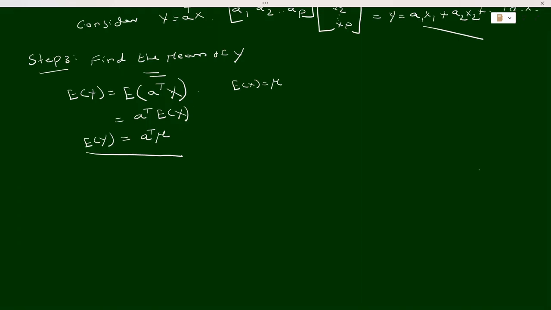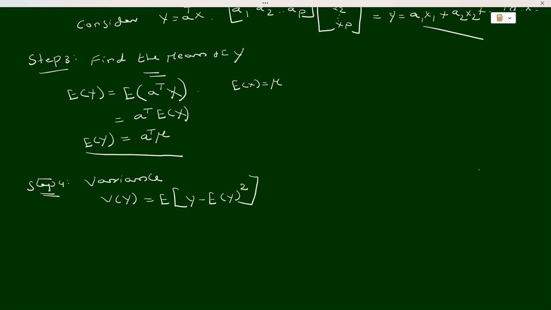Now in step 4, write the variance formula. We now find the variance for the variable y. Variance of y is equal to expectation of (y minus expectation of y) square.